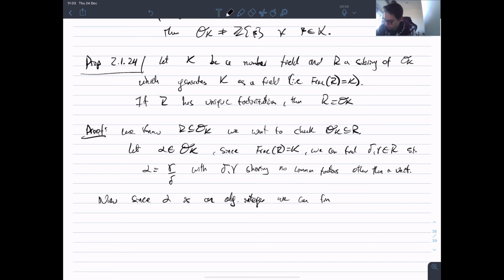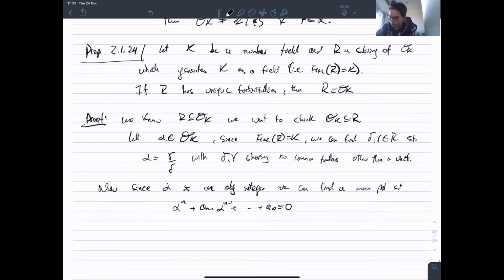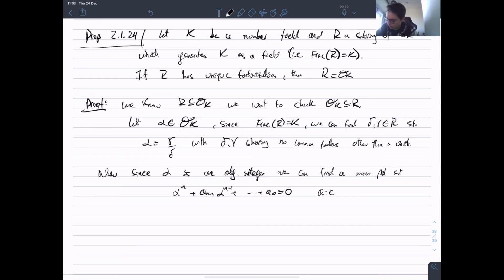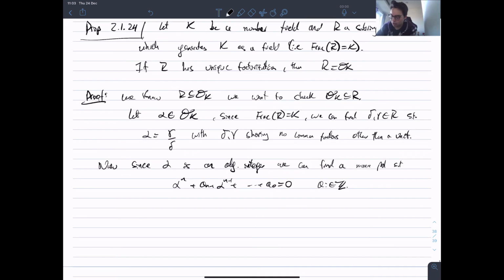We can find a monic polynomial such that we have an expression of this form, plus a0 equals 0, with the a_i in Z. So now take this expression, plug it in, and then clear the denominators.